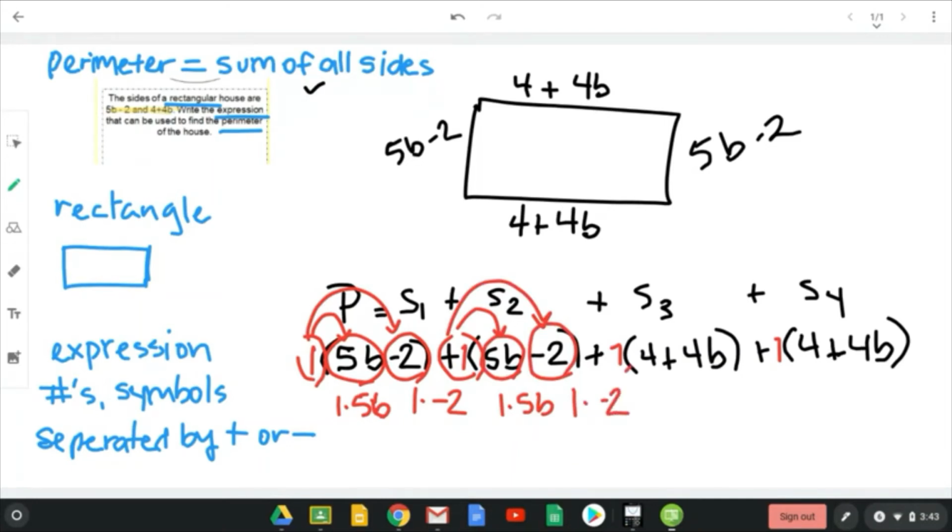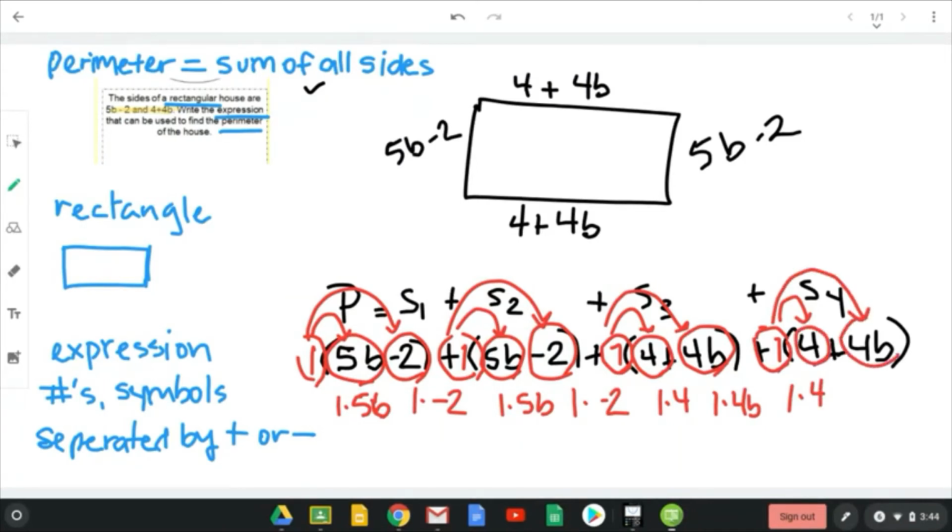I continue, 1 times 4, 1 times 4b, and finally 1 times 4 and 1 times 4b.